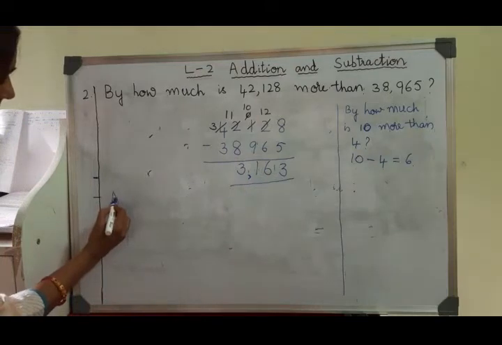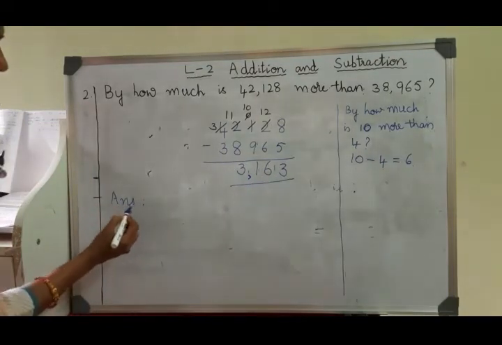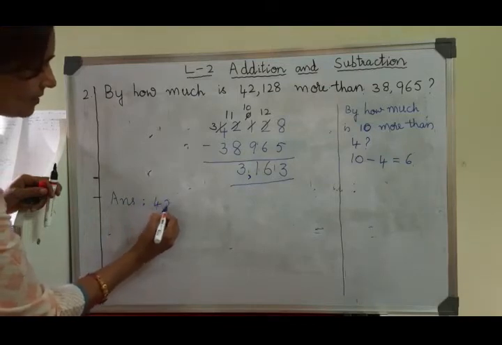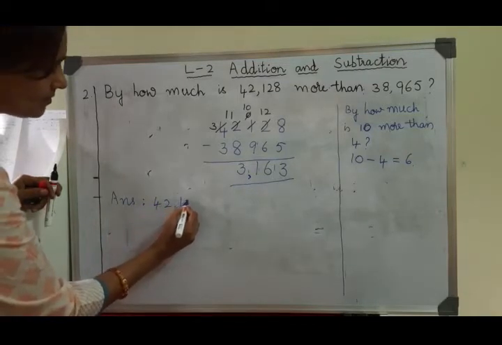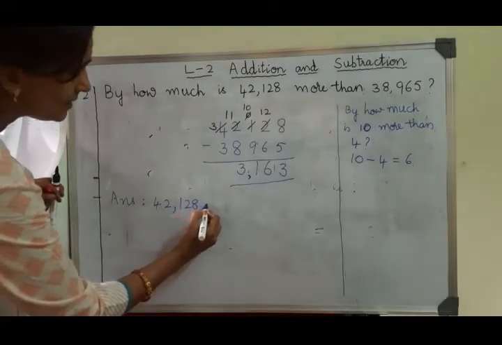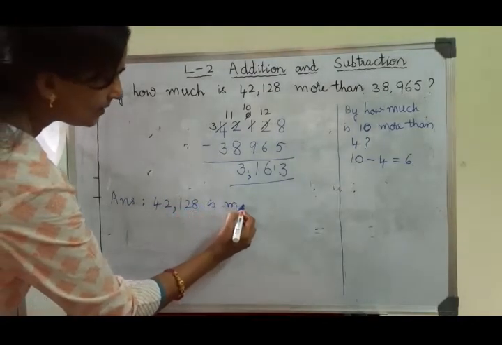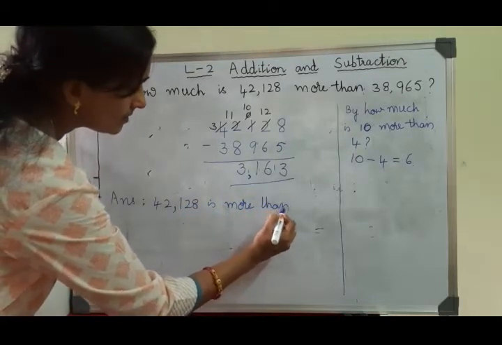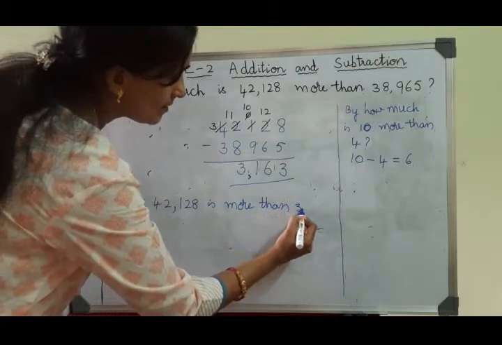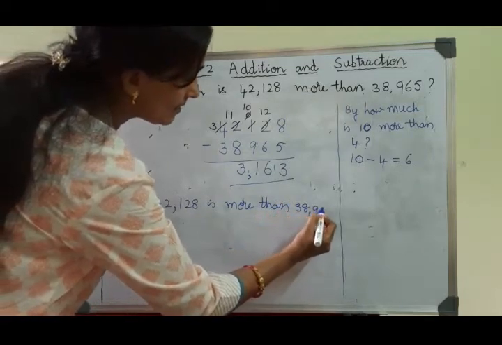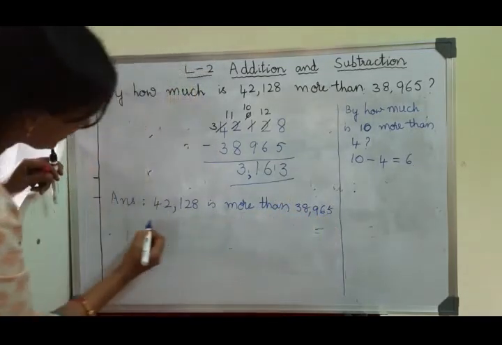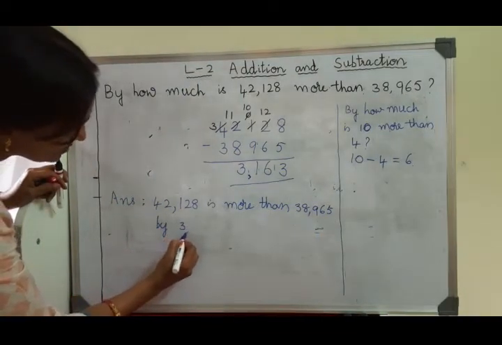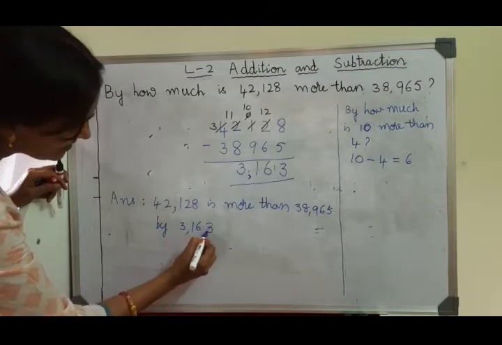You have to write the answer according to the question. 42,128 is more than 38,965 by 3,163.